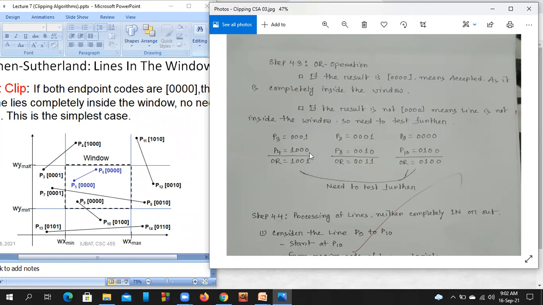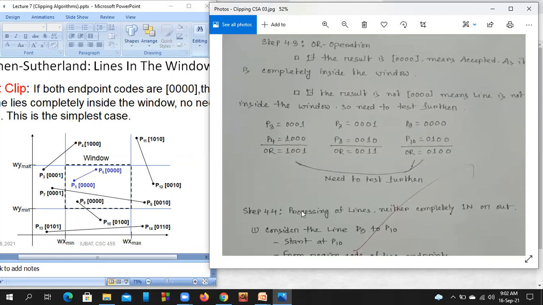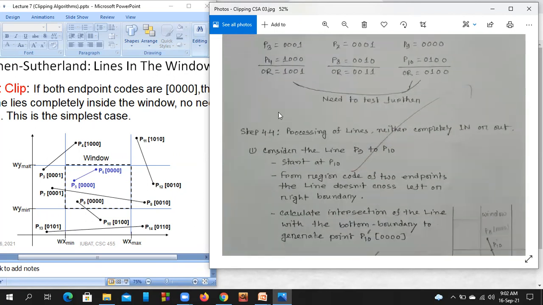Now none of them got 0000 in the operation, so we have to test further. That's why we need to go for the individual test. We call that processing of lines that are neither completely in nor completely out. Those are the situations we may consider.